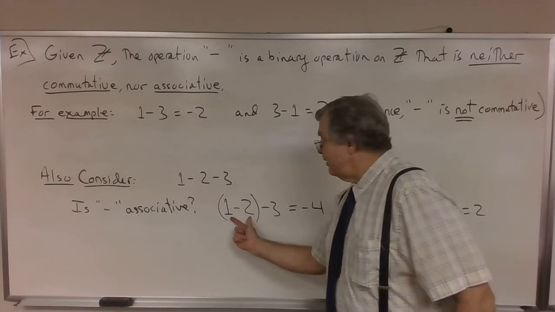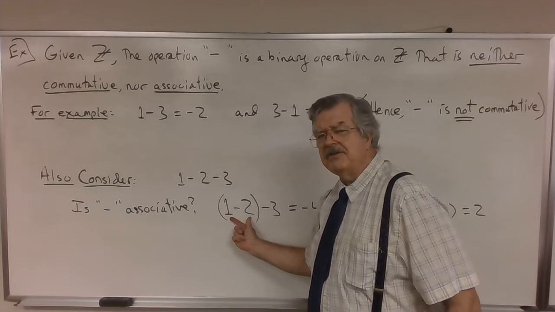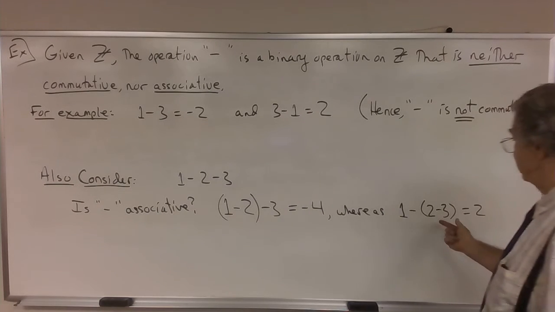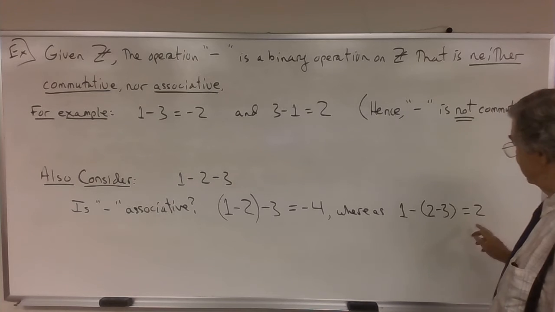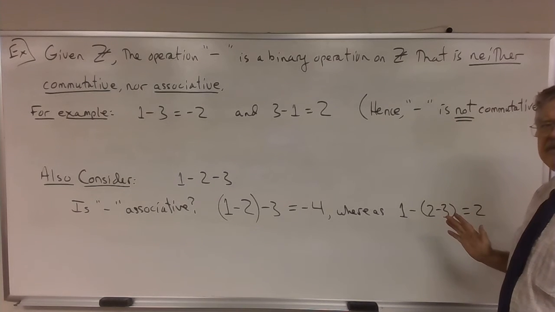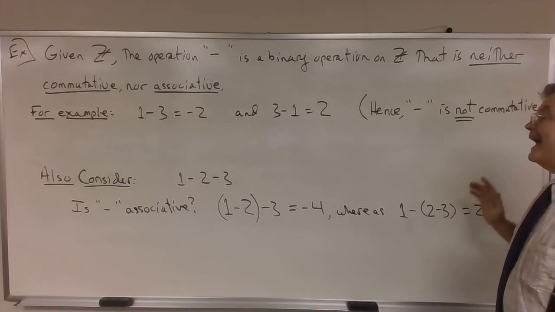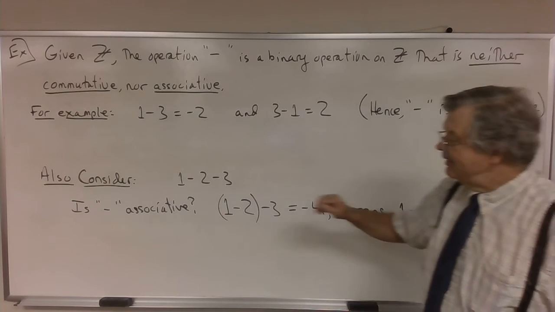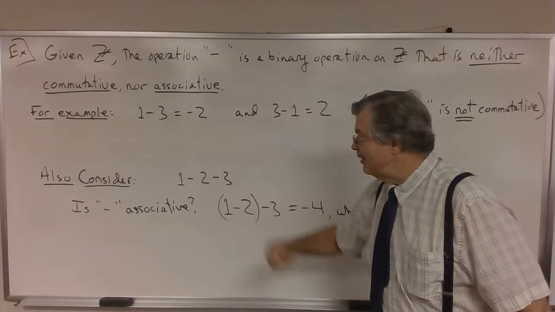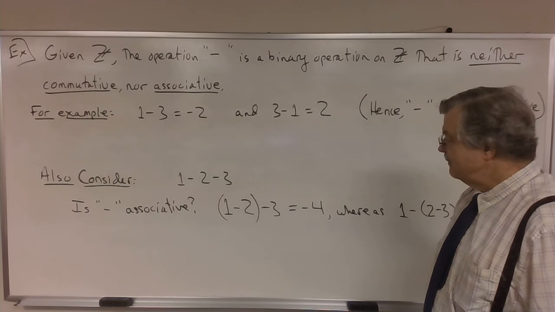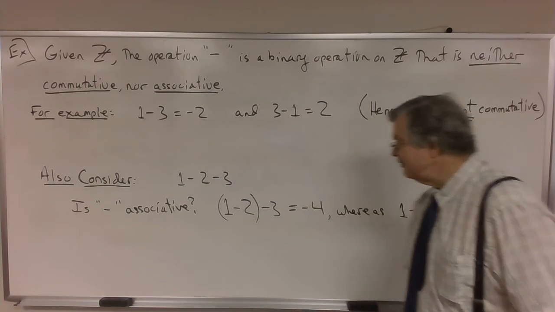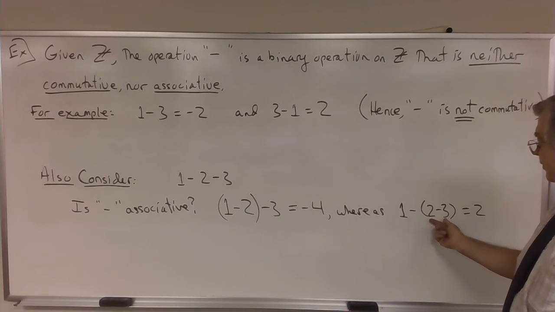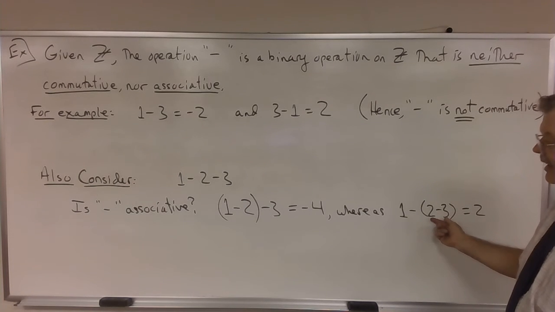Depending on which pair of adjacent elements we associate first, we're either going to get negative 4 or positive 2. We don't get the same element assigned to this trio of numbers if we associate these two elements first compared with associating these two elements first.